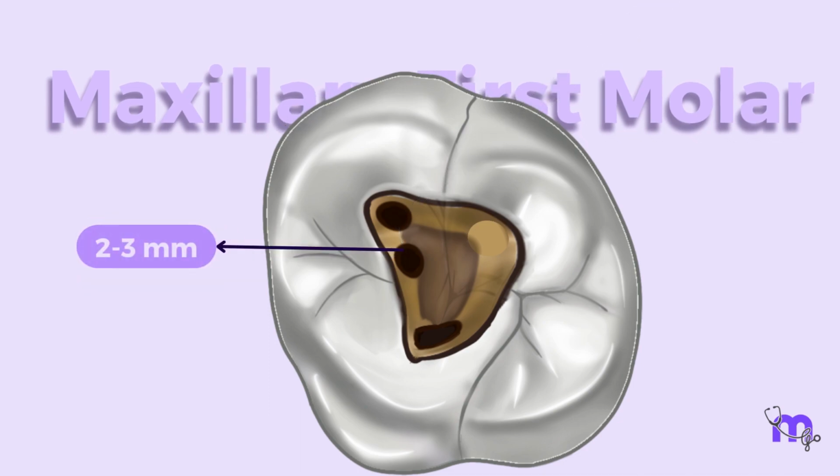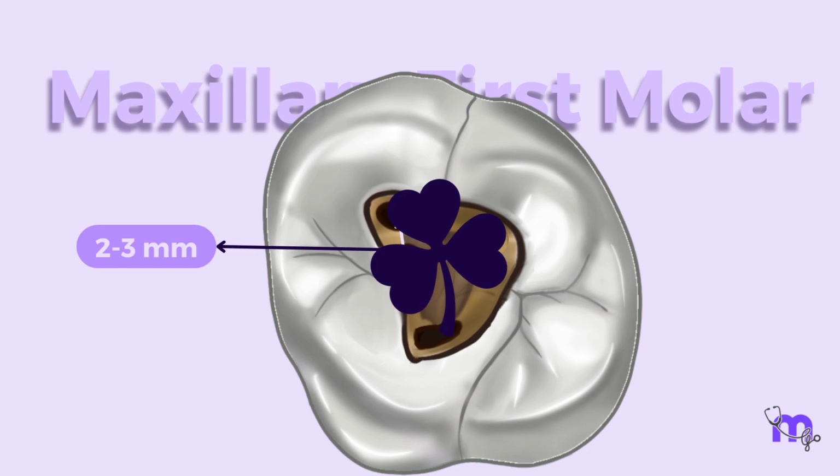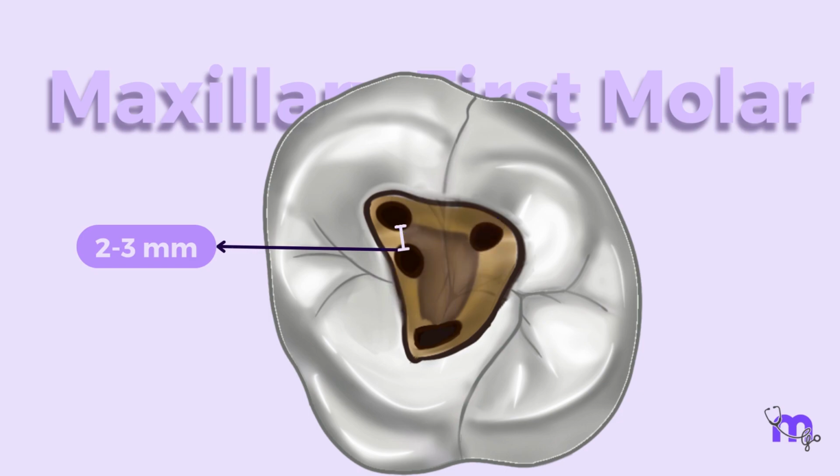It was 2 to 3 mm palatal to the mesiobuccal canal, in the direction of an imaginary line connecting it to the palatal canal. The shape of the access cavity was now transformed into a shamrock or clover leaf preparation. Lastly, the distobuccal orifice was present slightly distal and palatal to the mesiobuccal orifice.